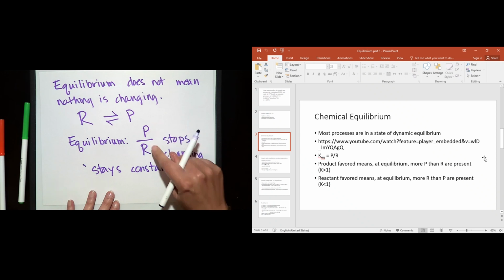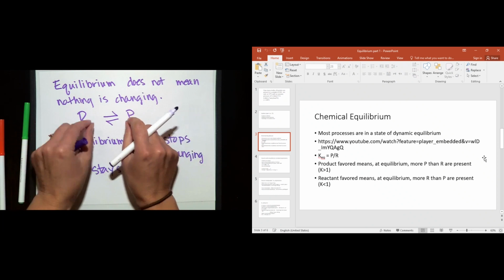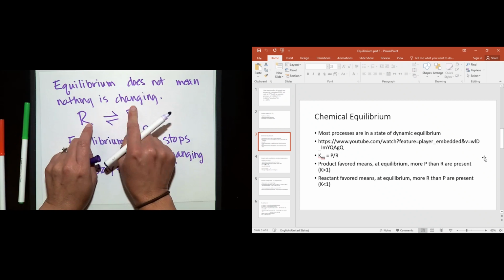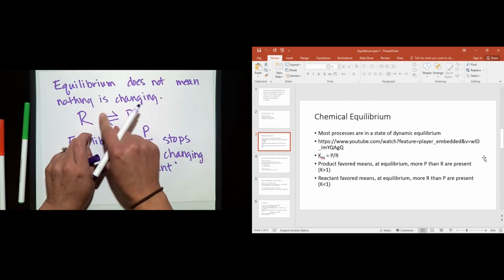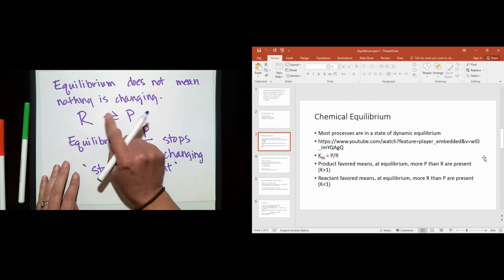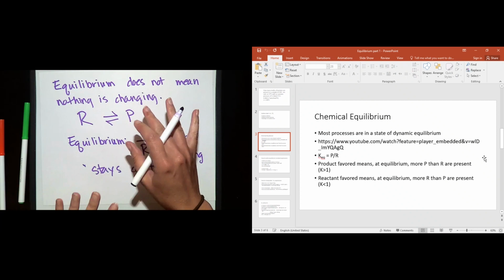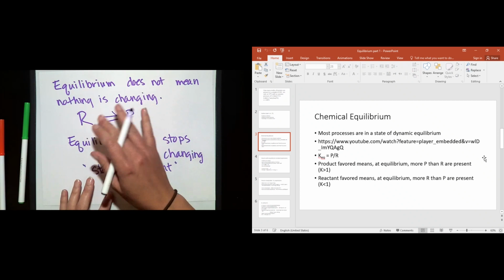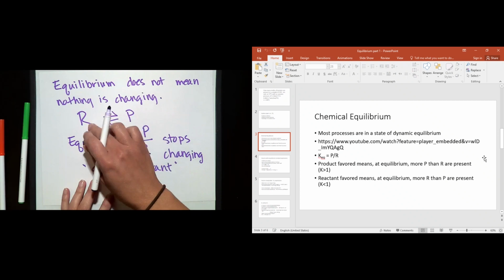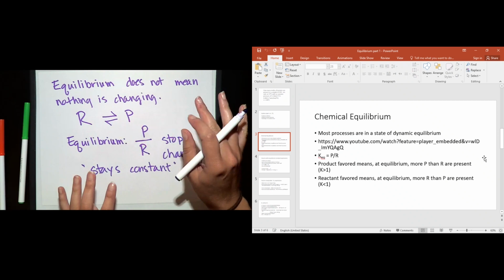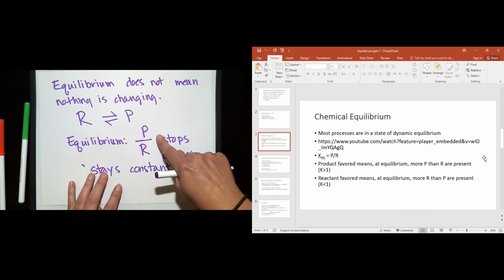So the ratio doesn't change. But if you zoom in, the molecules, the particles are constantly flip-flopping or switching. I couldn't decide which word I wanted to say. Both of those, flipping and flip-flopping and switching back and forth. But overall, the ratio doesn't change.